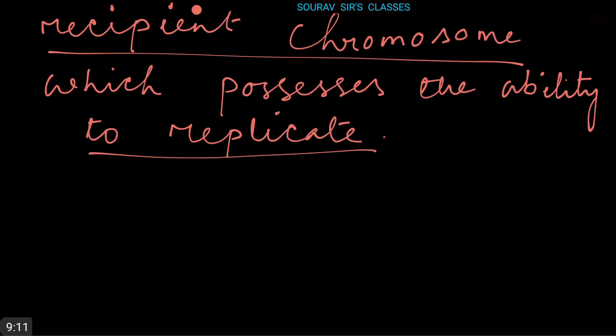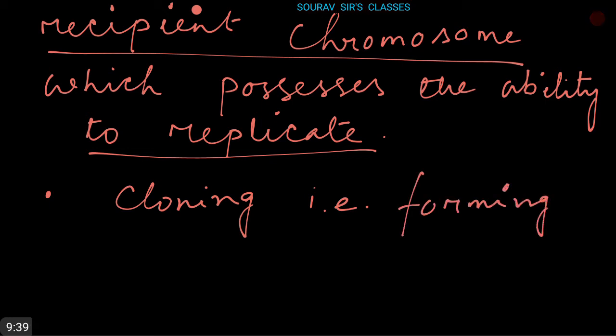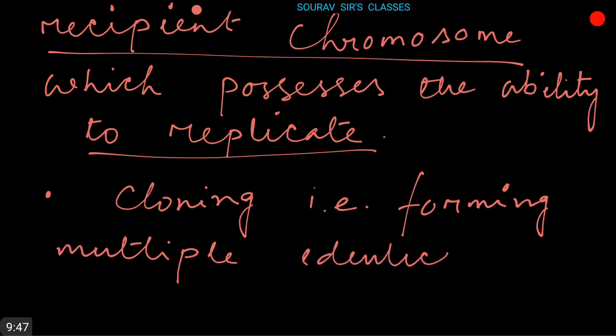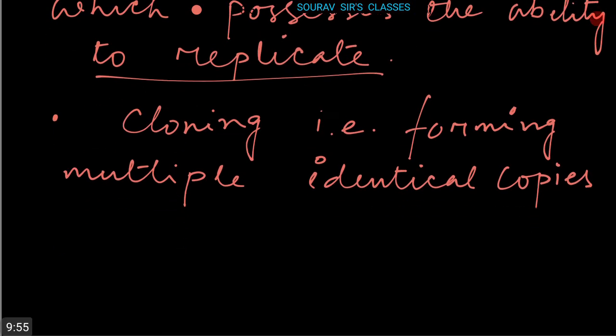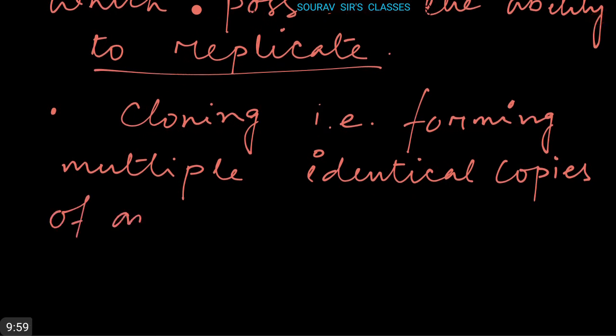Now, the next principle of genetic engineering is cloning, that is forming multiple identical copies of any template DNA.